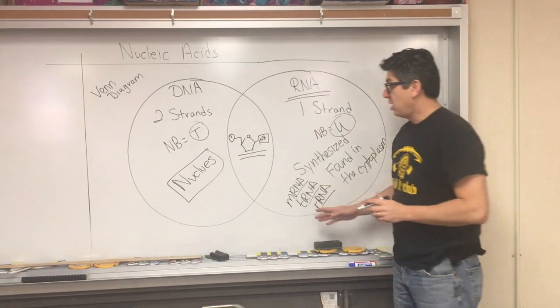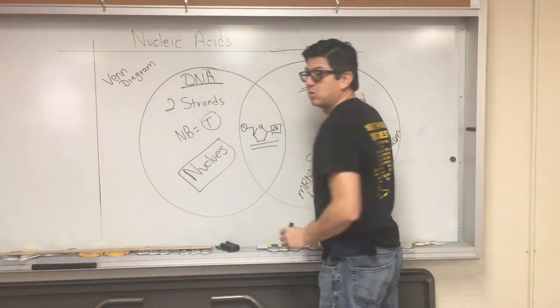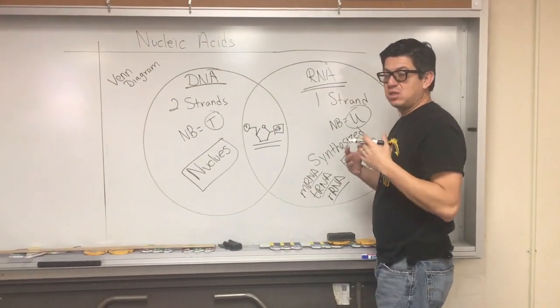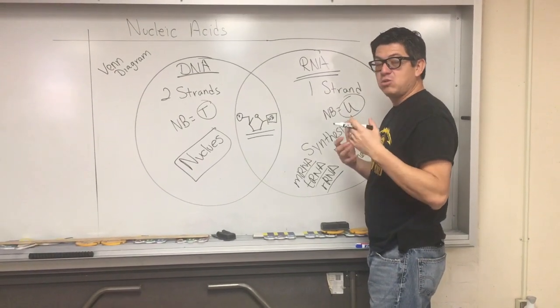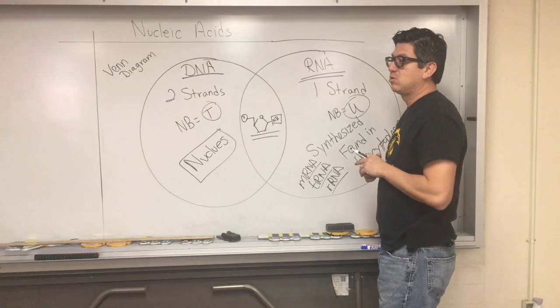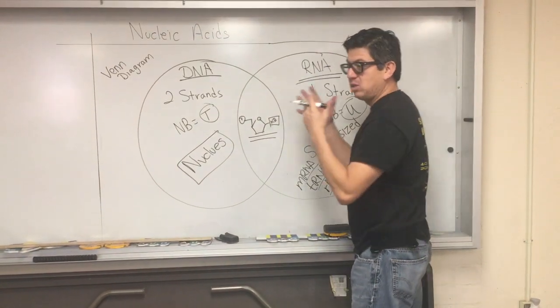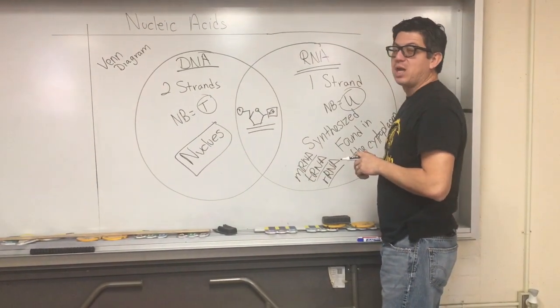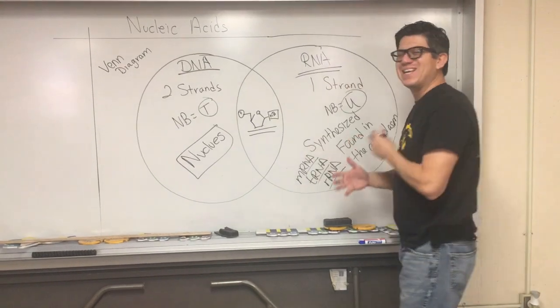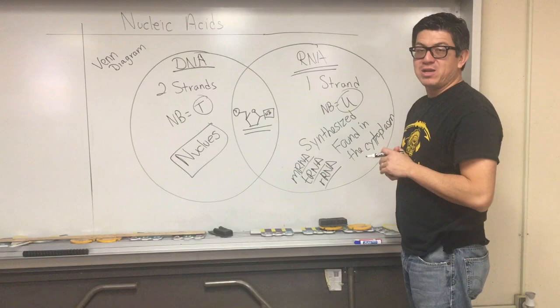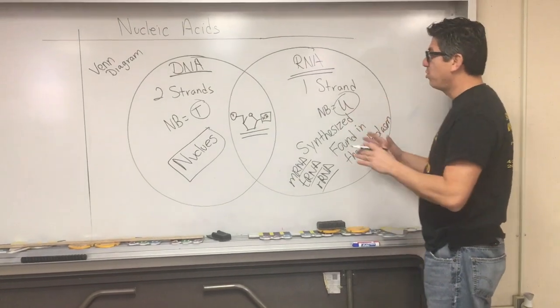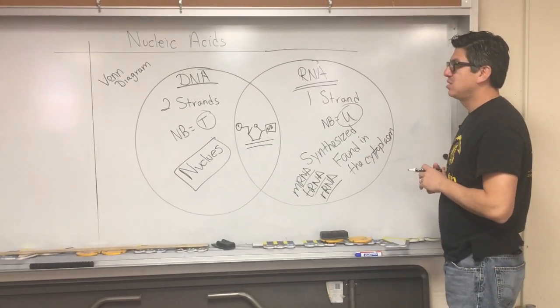But with DNA, remember, in humans there are 46 DNA molecules in all your cells, and you're born with all the DNA that you're ever going to need, whereas RNA is always being made throughout the cell and throughout your lifetime. Hopefully this helps in terms of differences.